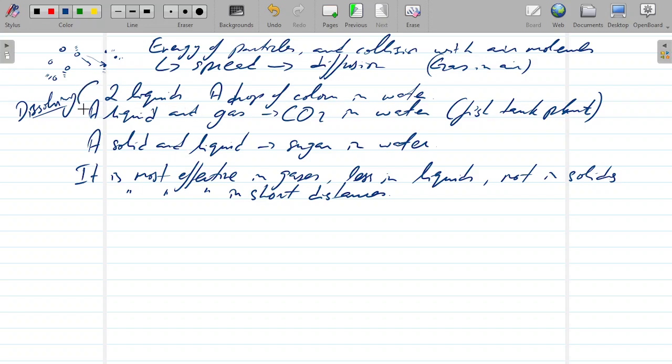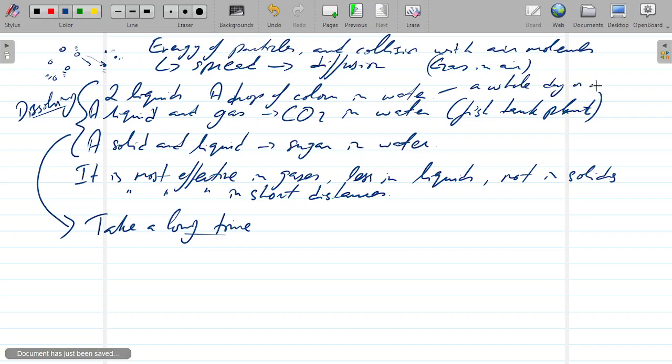So for this to happen, depending on a number of factors, it will take a long time. For example, the drop of color mixing in water might take a whole day or more. That is, if you leave it and let it work on its own. You're not shaking or giving any sort of vibrations or stirring it or mixing it. None of that. So if you leave it, it normally takes a long time.